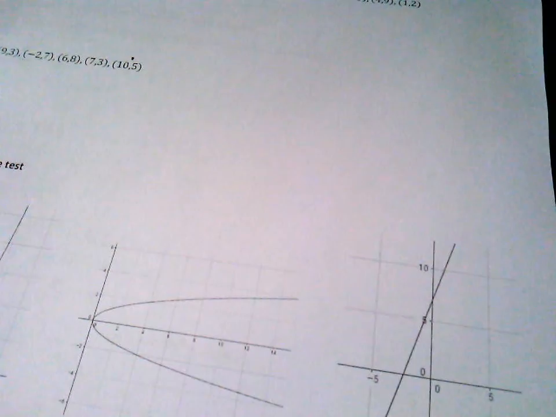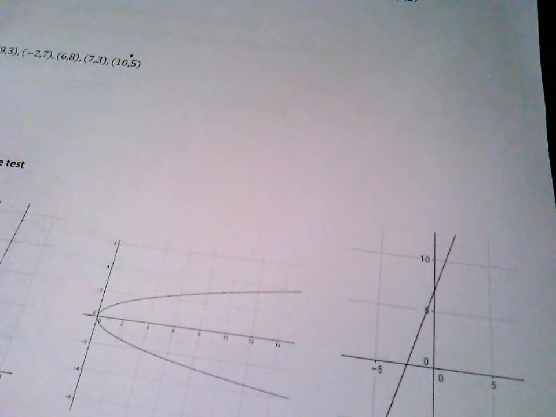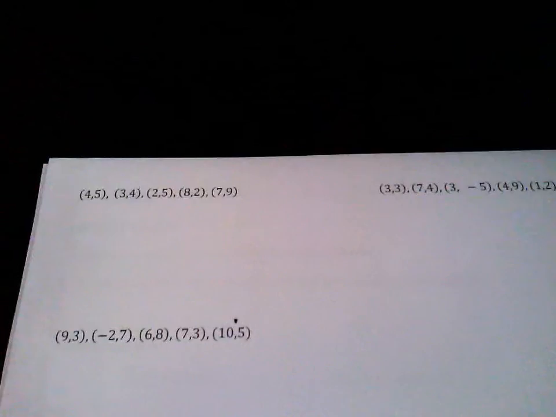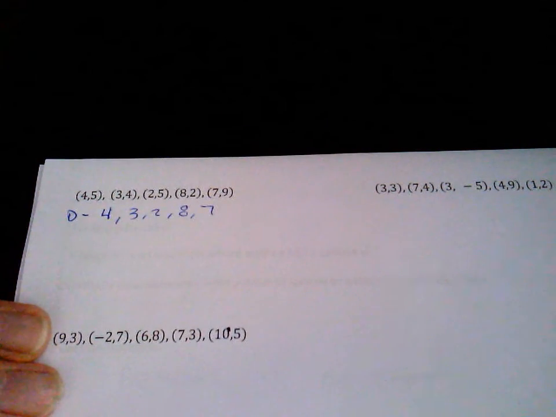I'm going to show you two different things. First one being this one right here. First, let's find the domain. Our numbers: I'm going to write 4, 3, 2, 8, 7. So that's our domain.